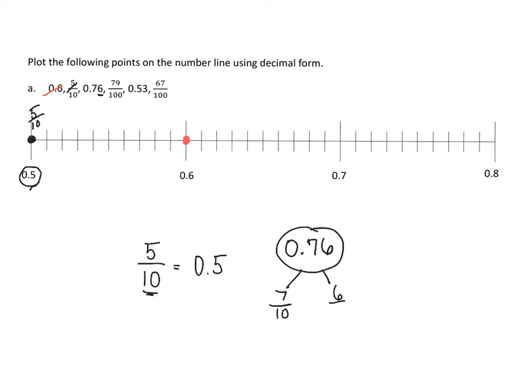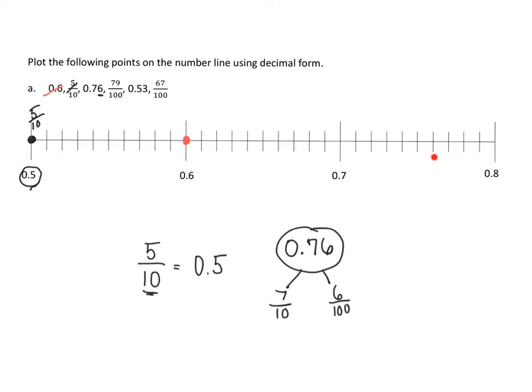We have 6 hundredths. So now we can place this. Well, we see that 7 tenths is right here. So that would represent 7 tenths. But we need to add on the 6 hundredths. So the 6 hundredths is going to go 1, 2, 3, 4, 5, 6. So 6 hundredths is going to go right here.